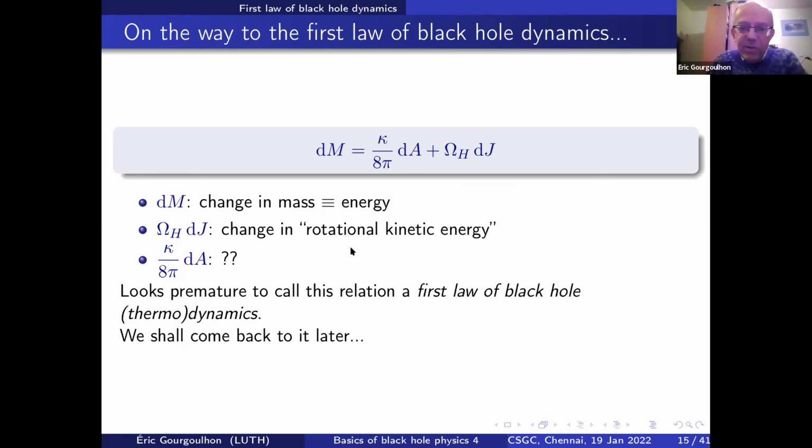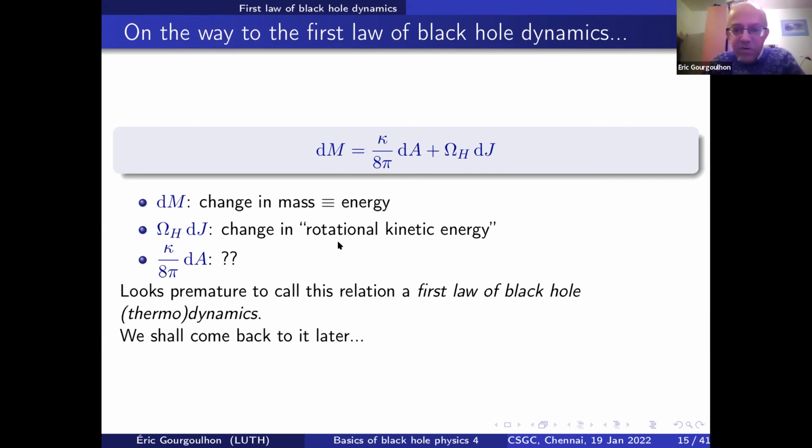Well, the first term looks okay because it measures the change of mass, and we know that in relativity, mass is the same thing as energy, more or less. So we could call this a change of energy, like a dE. This would be a change of rotational kinetic energy because we have angular velocity times the variation of angular momentum.